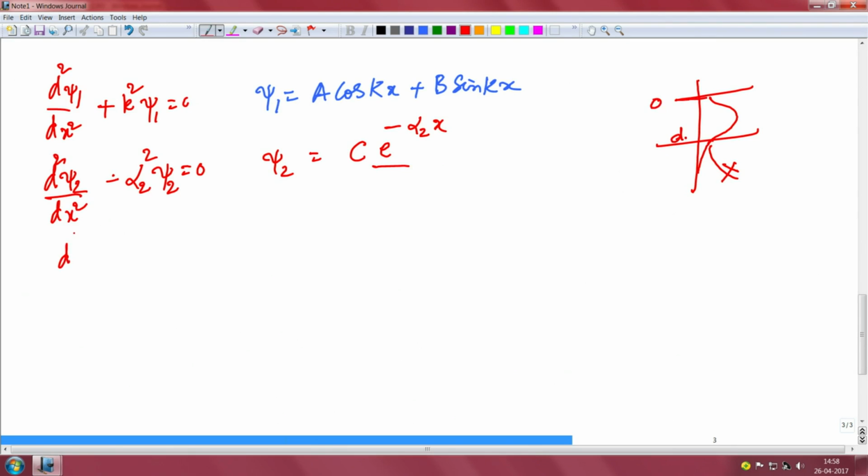Similarly, for the region 3, d square psi 3 by dx square minus alpha 3 square psi 3 equal to 0 gives psi 3 as D e power plus alpha 3 x. In this region also we want it to be 0, and since the x is negative on this side, we can choose the function which has got a positive exponent. So, as x goes negative, this decays to 0.